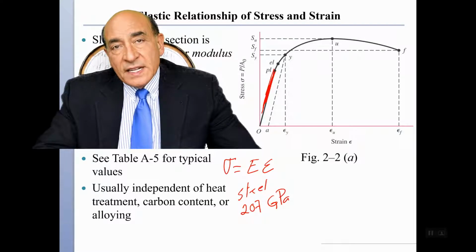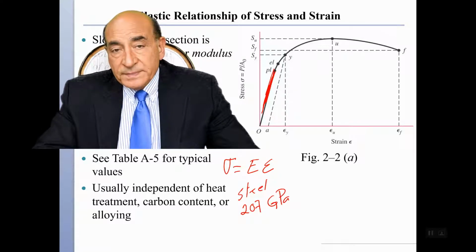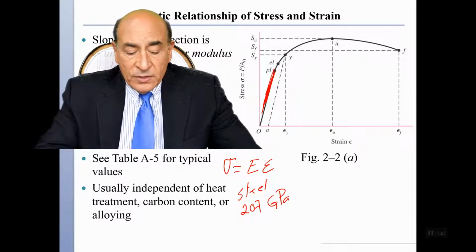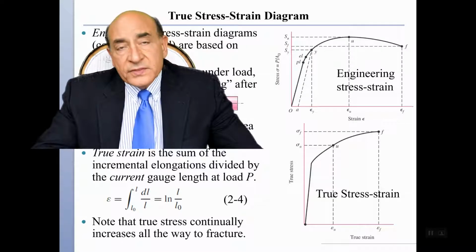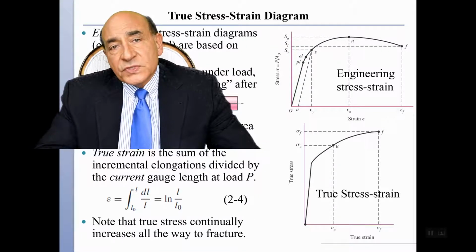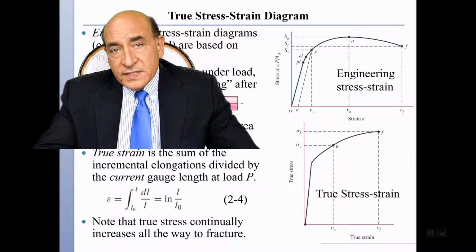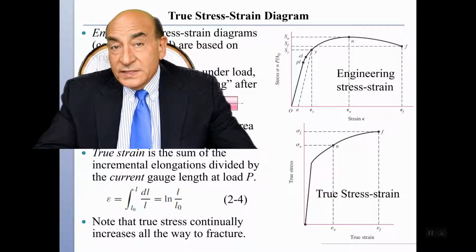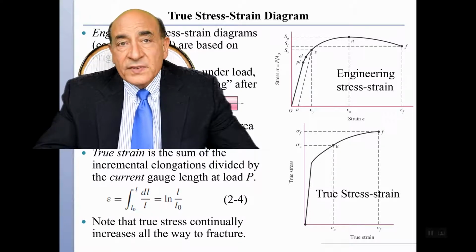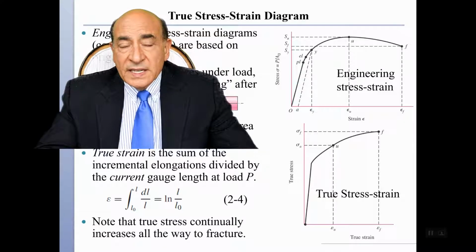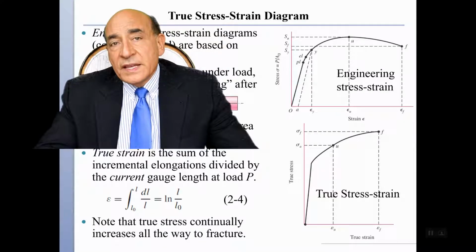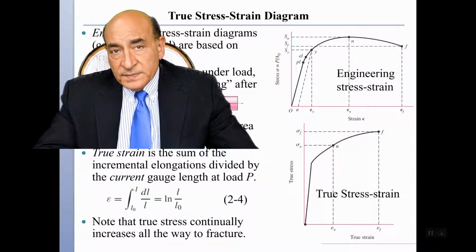This is gigapascal, 10 to the 9 Pascal, Newton per meter square. So we have table A5. It has typical values for different materials. The higher the value of E, the stiffer the material. So it deflects less, as we will see later in design applications. If I have aluminum, the elastic modulus is smaller, and therefore it will deflect more.